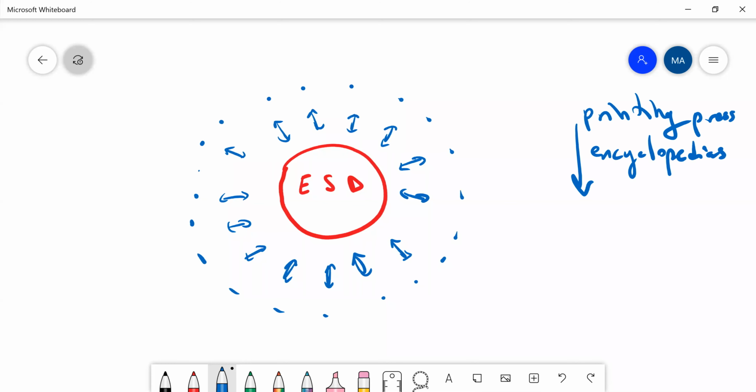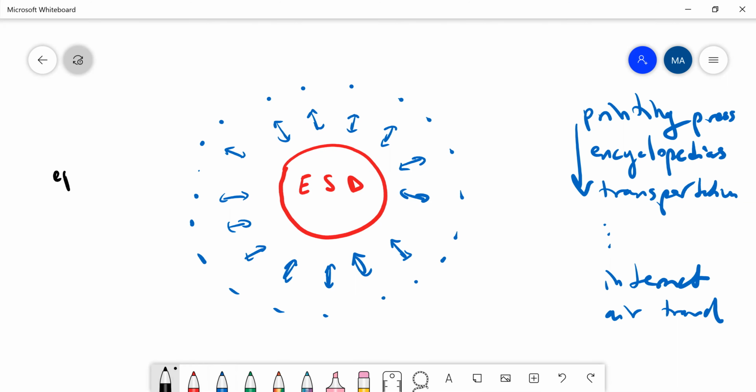It gave us transportation. It gave us, at some point, the internet and air travel. So the result of this was the enlargement of epistemic bases.